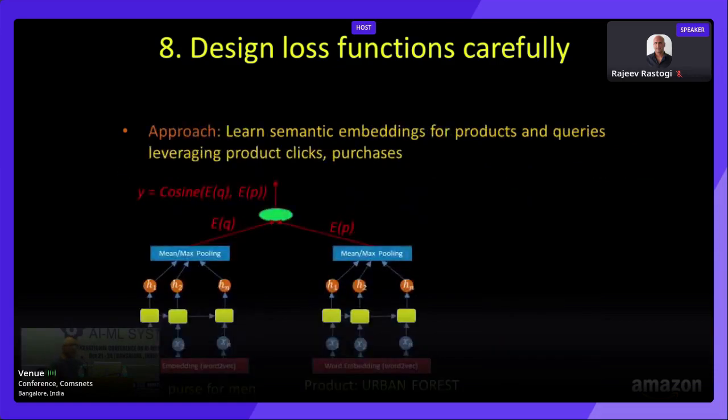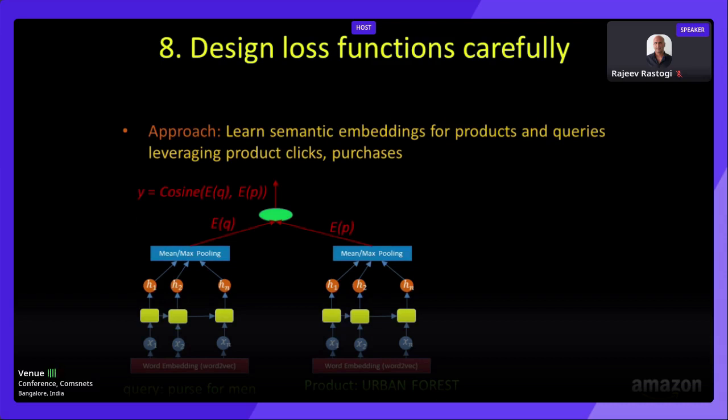So we use deep neural networks here to learn these semantic embeddings for queries and products, leveraging both product clicks and purchases, right? And the queries and the products are input into the neural network to learn these embeddings, EQ and EP, shown in the slide here.